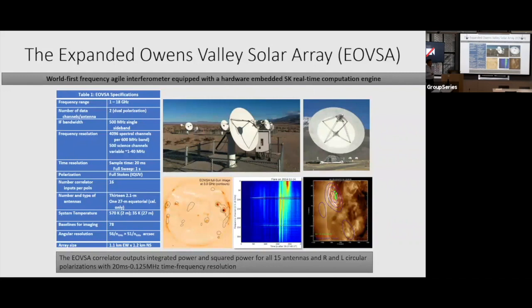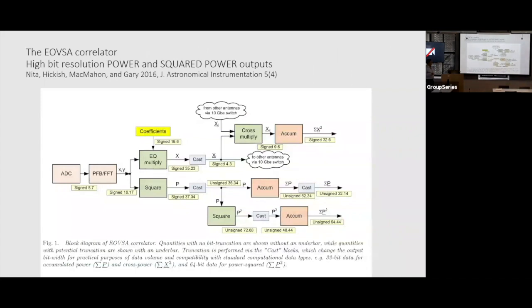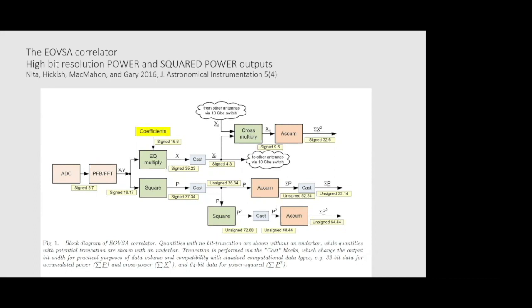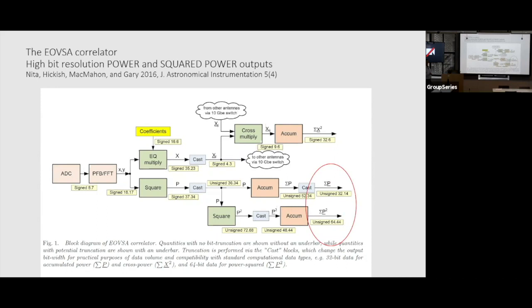Now, what is different about the correlator at EOVSA is that, instead of being a classical one that gives you cross-correlation visibilities and also the autocorrelation product, it produces not only the integrated power but also the integrated squared power.